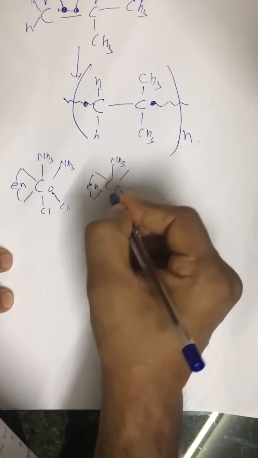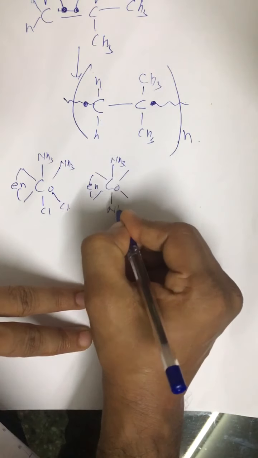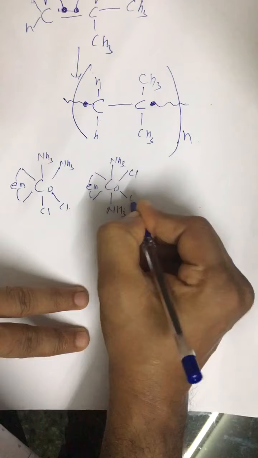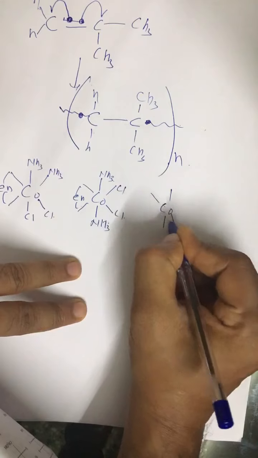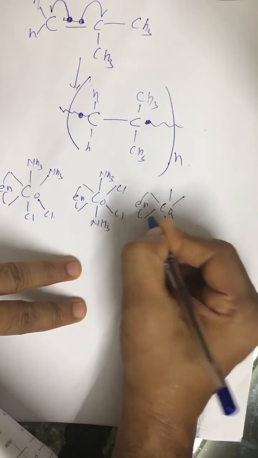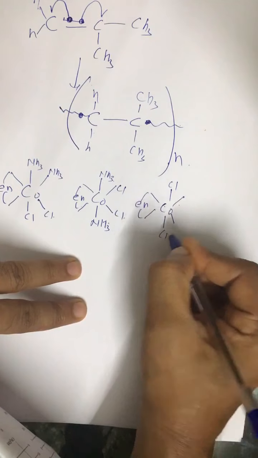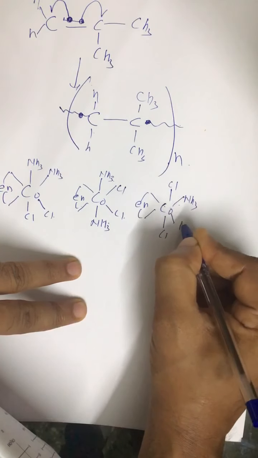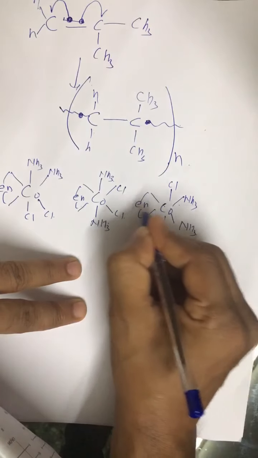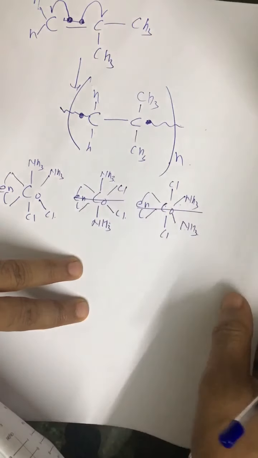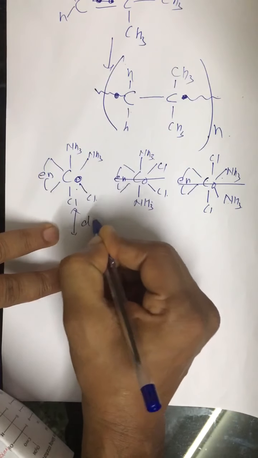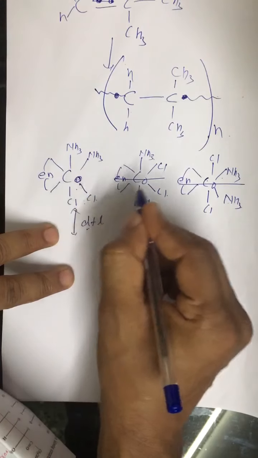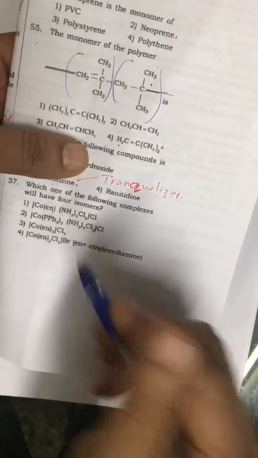This is ammonia and ammonia at trans position, and Cl at cis position. And look at one more structure. See, this is en. All right, and now Cl at trans position and ammonia at cis position. Now in these molecules we have a plane of symmetry, whereas in this case we don't have a plane of symmetry, so we will be having D plus L form. So 1 2 3 4, total number of isomers possible are 4. Correct answer is first option.